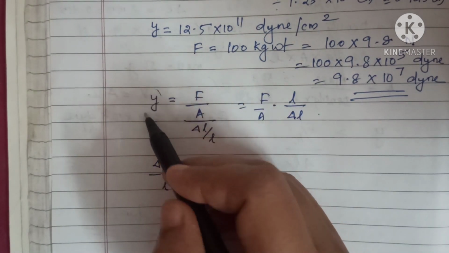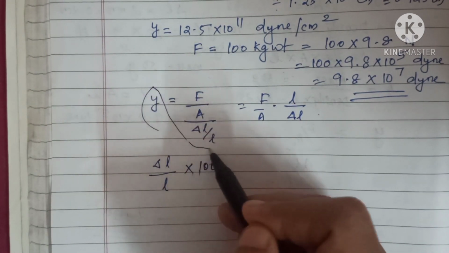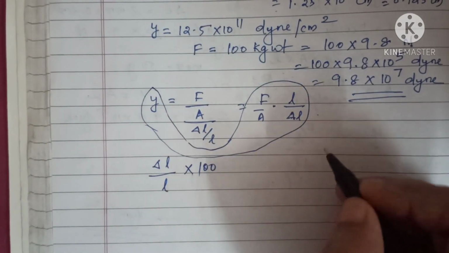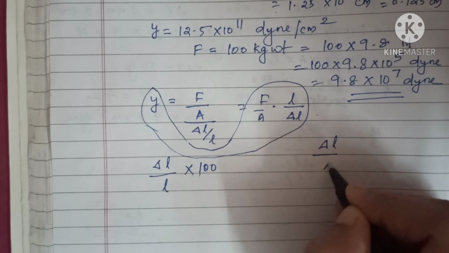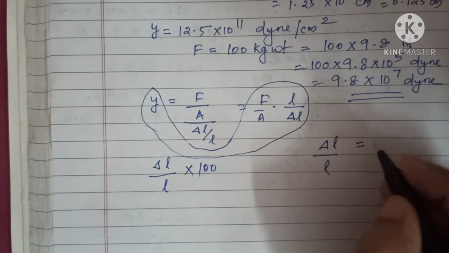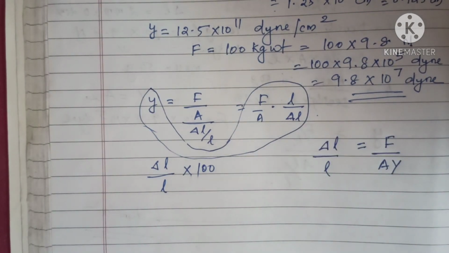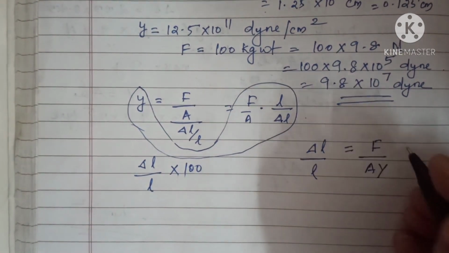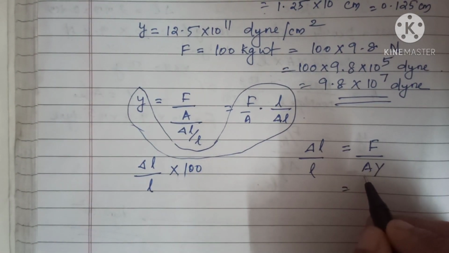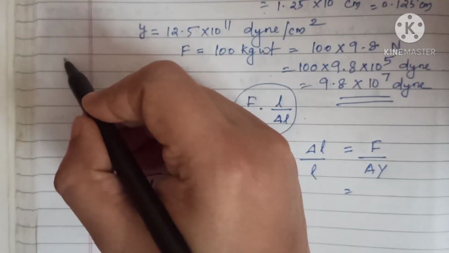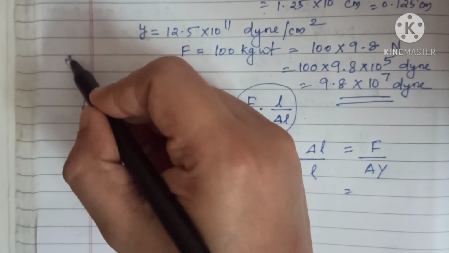So from this expression, you can take the term delta L by L. What is delta L by L from this expression? Delta L by L is equal to F divided by AY. Clear? A is not directly given; instead we have the radius of the wire. Normally we take the circular cross section, even though this is a wire.